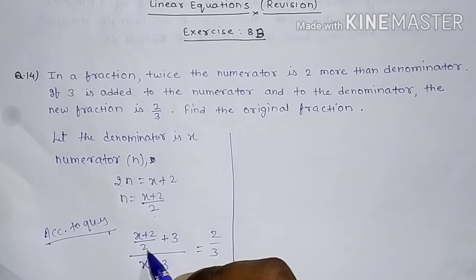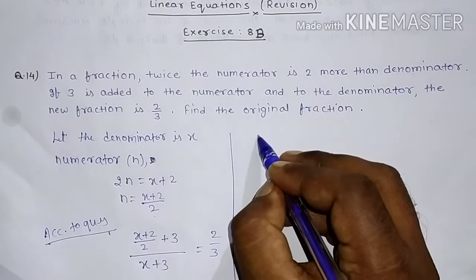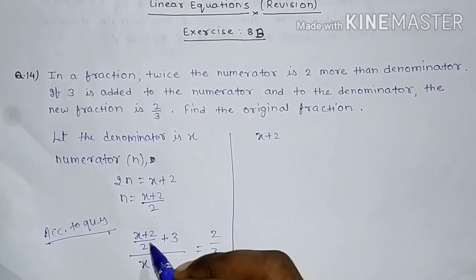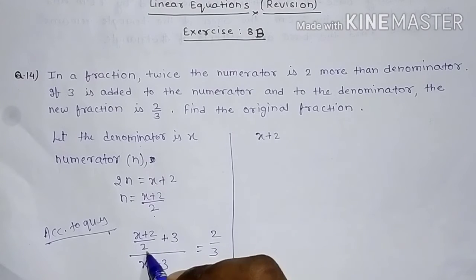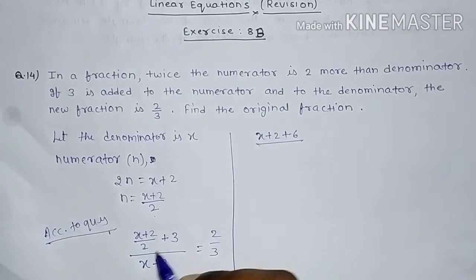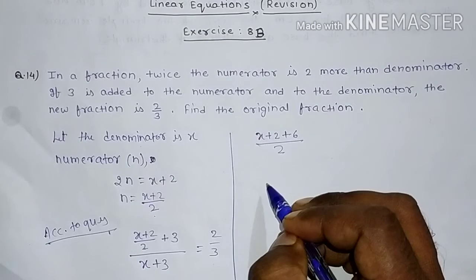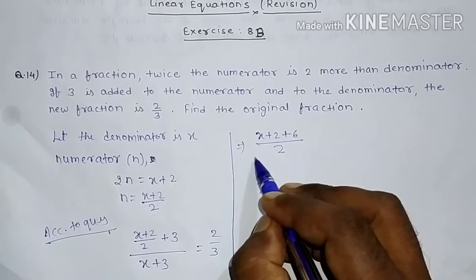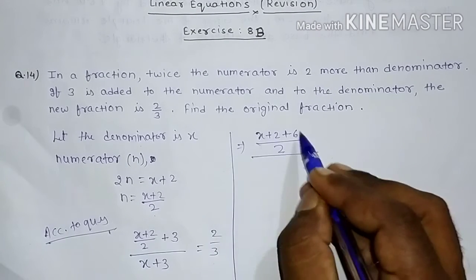So 2 threes are 6, and x plus 2 plus 6 divided by 2. So here on solving the expression of numerator, we can write x plus 2, and this is 2 into 3, that is 6, and it is added here, divided by 2. This is numerator part.